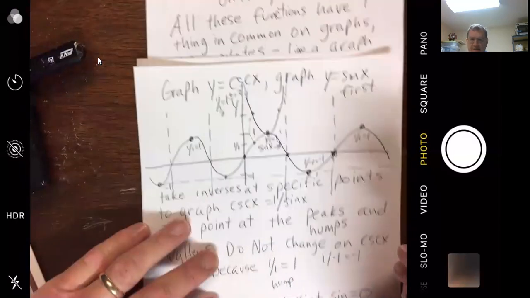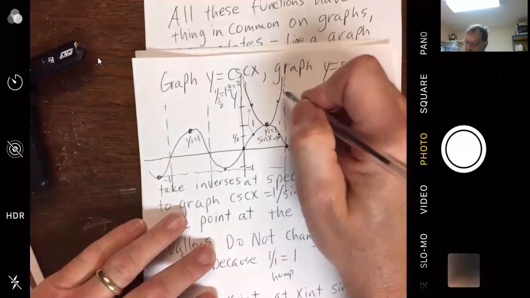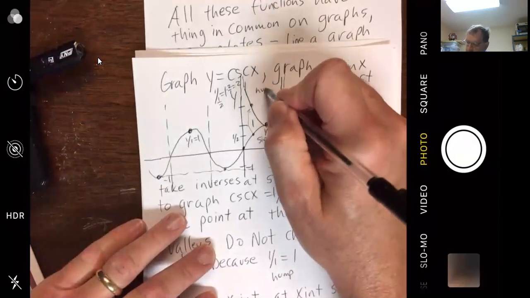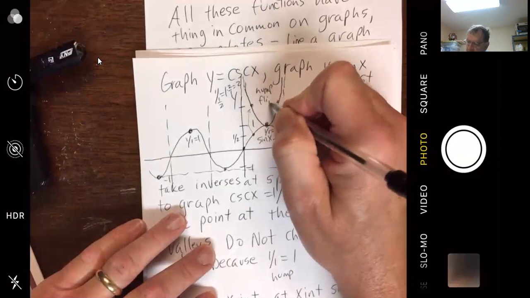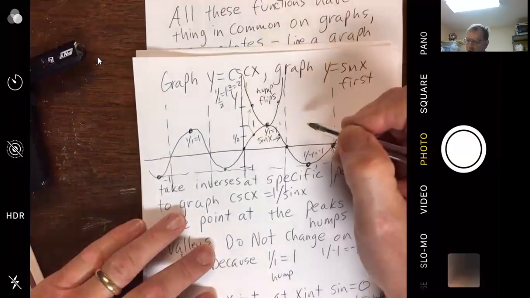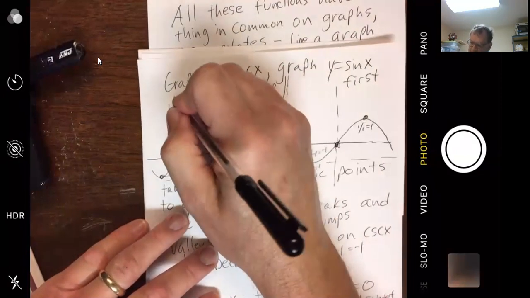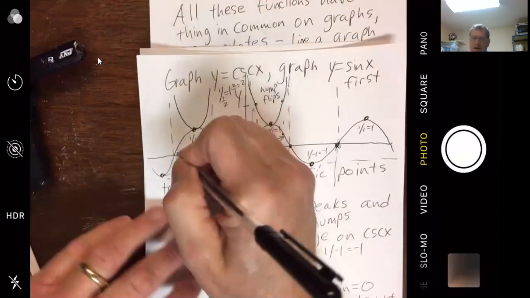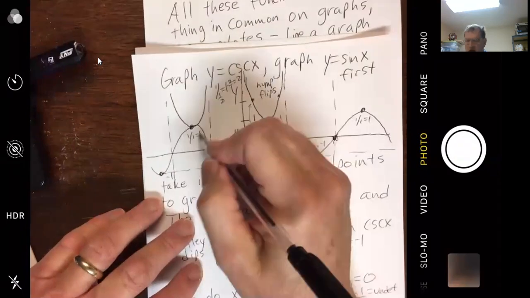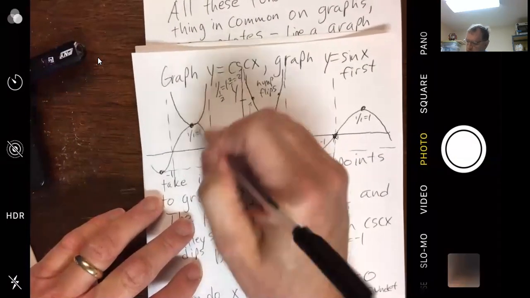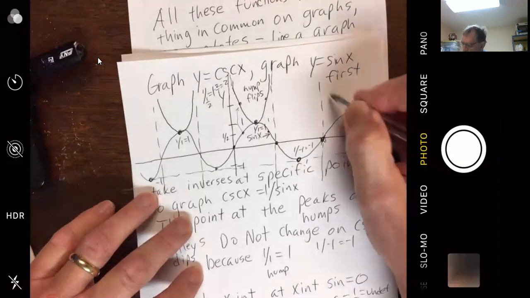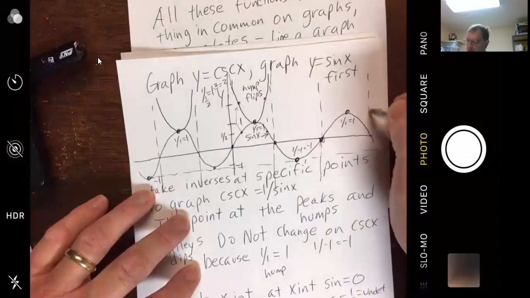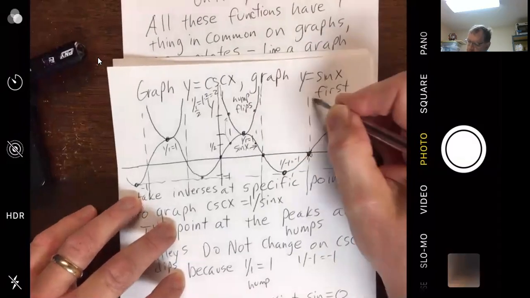In effect, the humps flip. A point at 1/3 flips up to 3, etc., on both sides, forming U's. Same thing over here.